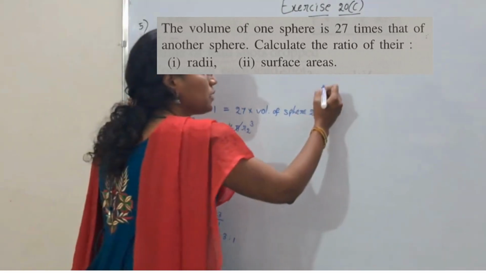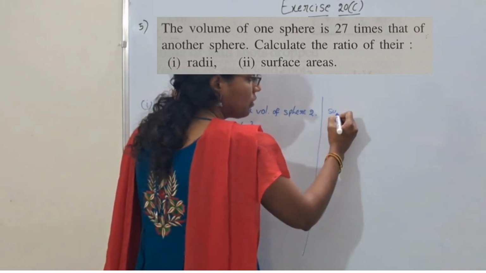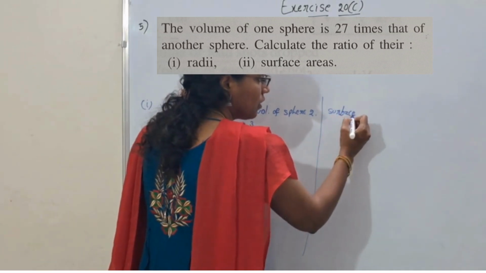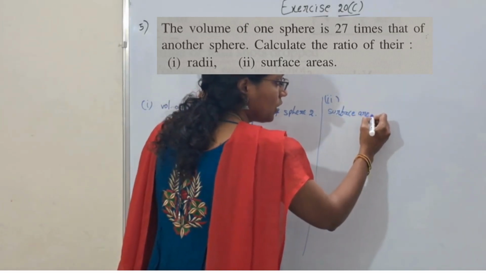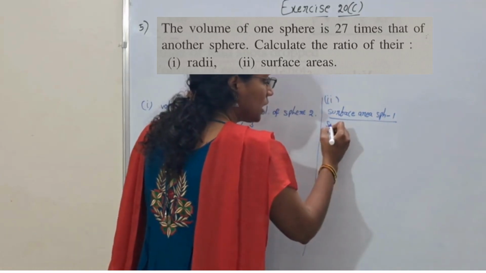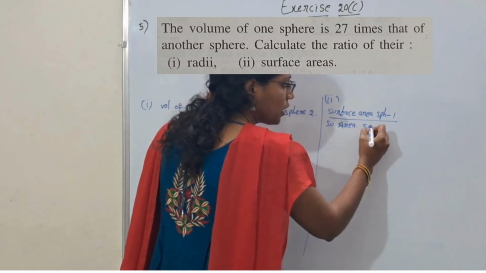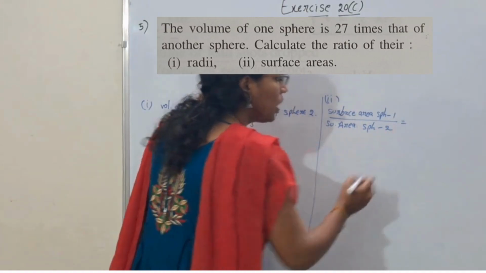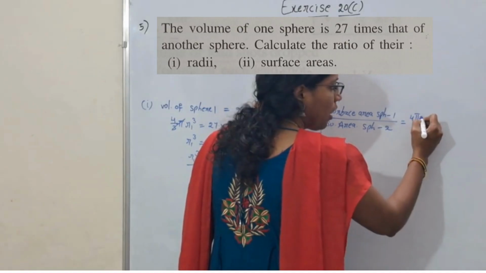What is the second one? Surface areas. Surface area of sphere 1 by surface area of sphere 2 equal to, what is the surface area of the sphere? 4 pi r square.